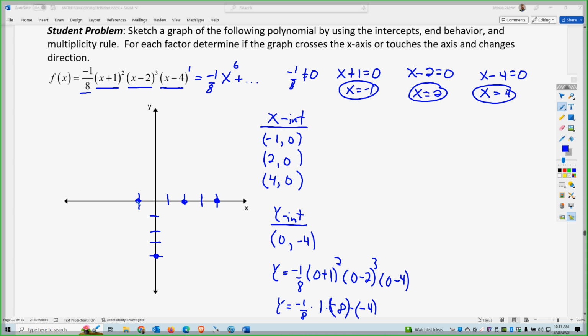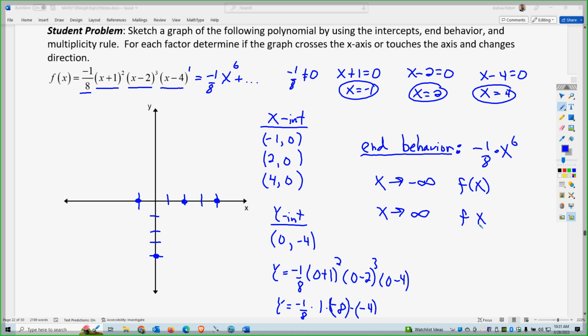All right, now we need to analyze the end behavior. Okay, so we only need to analyze the leading term, which in this case is -1/8 x to the 6th power. So as x goes in the negative direction and as x goes in the positive direction, the function goes in what direction? Well, if I plug in a negative to the 6th power, it becomes positive.